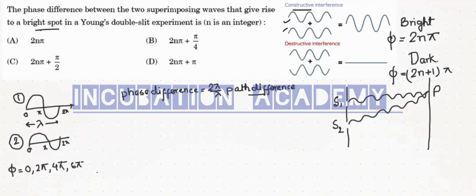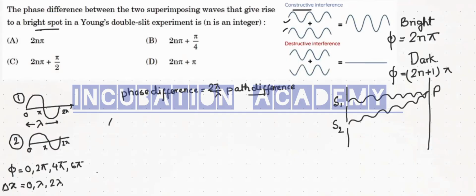Or if we think of the path difference, denoted by Δx, then Δx is either 0, or one wavelength, or twice the wavelength, and so on. Clear?